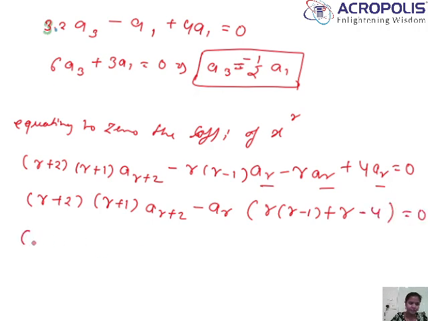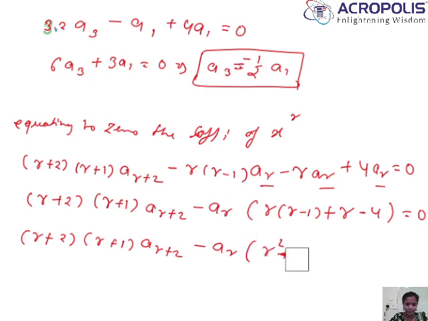Now we will solve this relation. r plus 2 r plus 1 ar plus 2 minus ar. When you multiply this r, this means r square minus r plus r, which cancel out, minus r plus r minus 4 equal to 0. This r to r cancel.